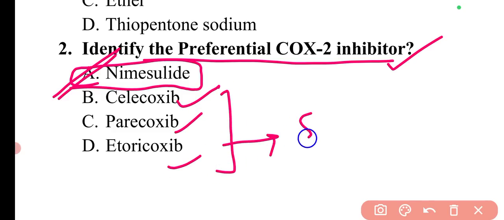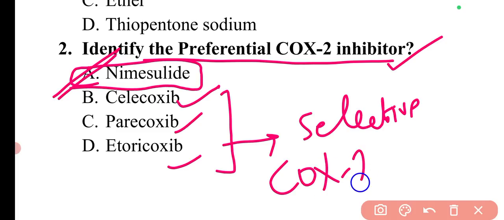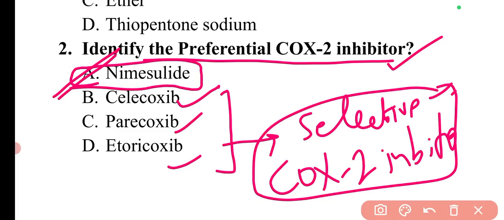These are the selective COX-2 inhibitors. Sometimes you will find questions from this classification. Wherever the coxib is there, those are the selective COX-2 inhibitors.